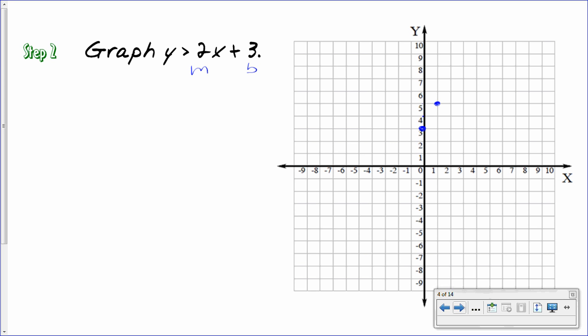I'm trying to do the best I can here. I'm going to put some other points in there. So you guys said a dashed line? Yes.